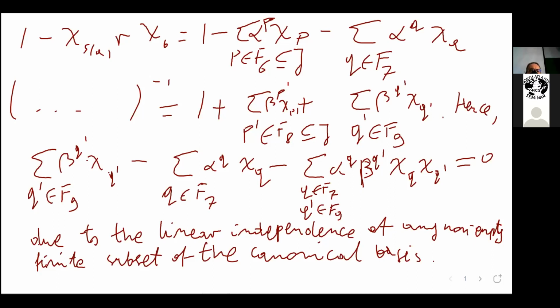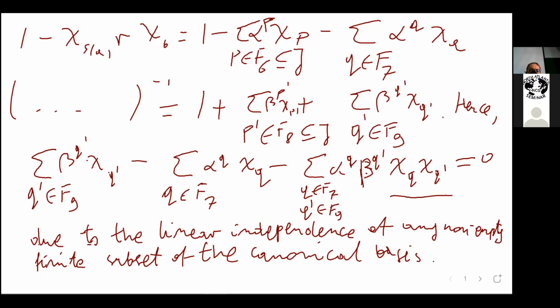You see, if there are no loops in F9, then no Q prime is a loop, and no QQ prime is a loop. When you look at this sum here, well, this will be either 0 or chi QQ prime. If Q prime is not a loop, then QQ prime is also not a loop. Okay. But this means that out of these three sums, you have loops only here in the sum over F7.